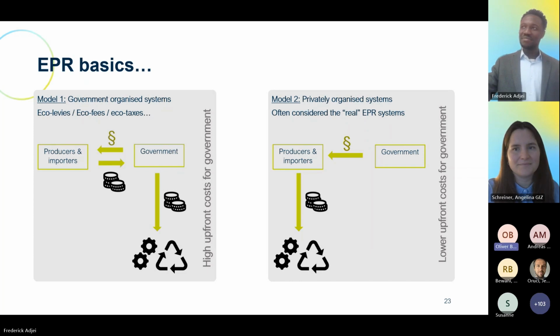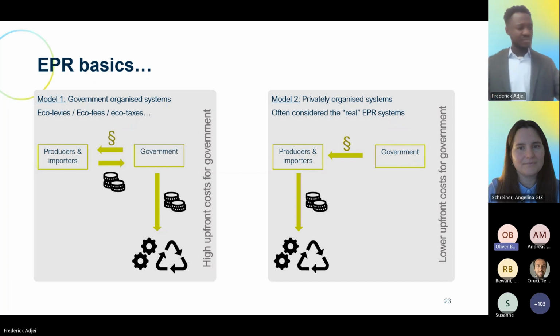Ghana has proposed a global plastic pollution fee with the aim of getting it as part of the global plastic treaty that is currently being negotiated.